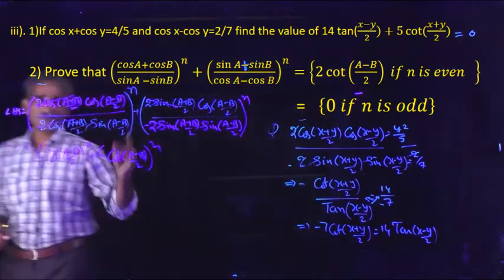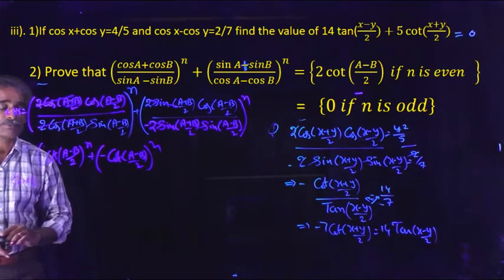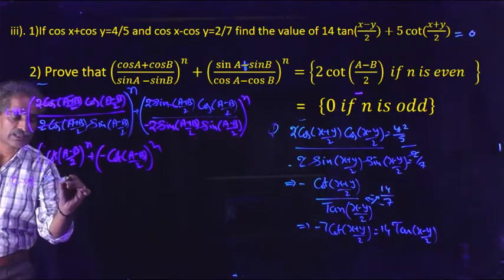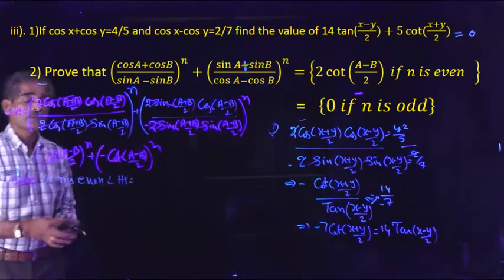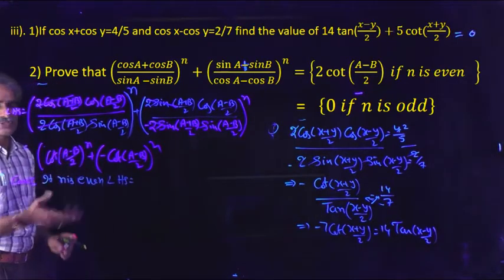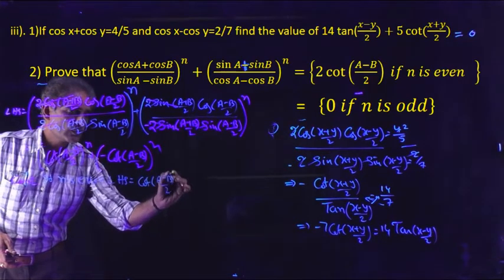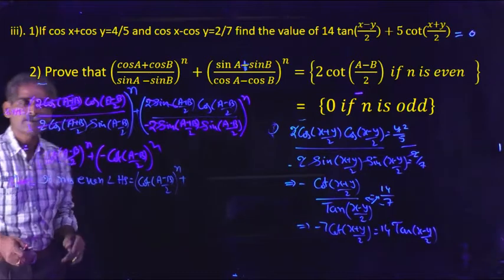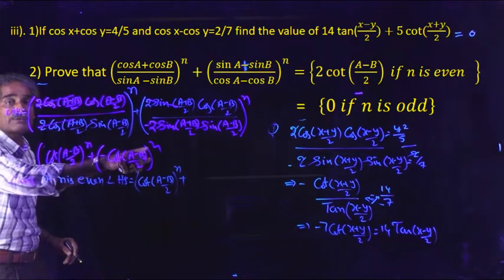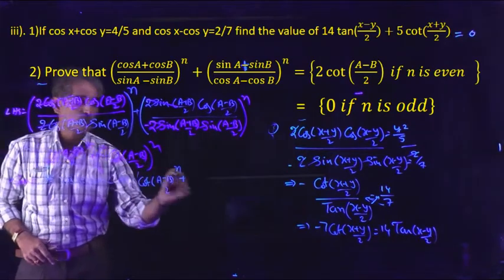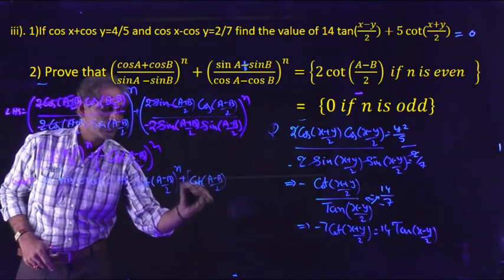So case 1, if n is even, now LHS becomes: n is even, so the positive value whole power n is the same, there is no change. You can write cot((A−B)/2) whole power n plus (−1) times cot of something whole power n. If n is even, minus 1 power an even number is positive. So here we will get cot((A−B)/2) whole power n.